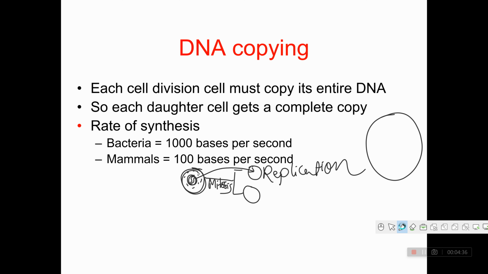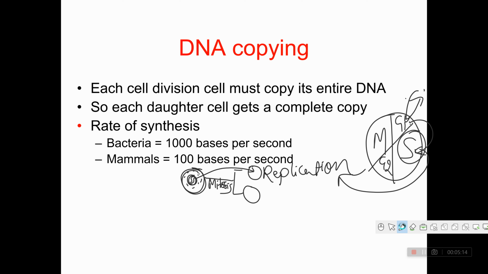Cell division has 4 phases: G1 phase, S phase, G2 phase and M phase. This is the phases of the cell division. In S phase, replication takes place. In G1 phase, all the requirements of enzymes and proteins for the replication will be prepared. After preparation of these proteins and enzymes, the genetic material or DNA will be replicated in S phase.